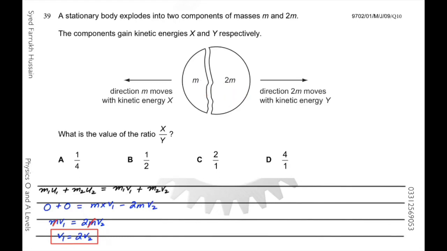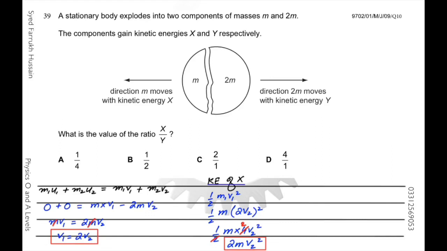Now if you find out the kinetic energy of object X, half mv square, m times its speed v1 square. v1 is actually 2v2, so I have written 2v2 instead of v1. After solution, you will find kinetic energy of X as 2mv2 square.